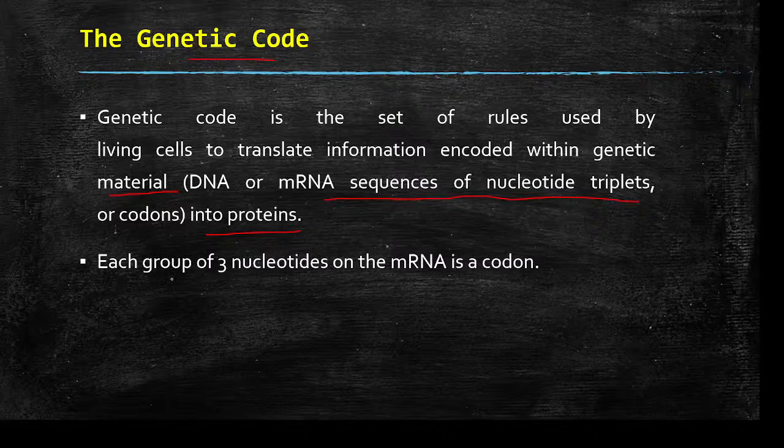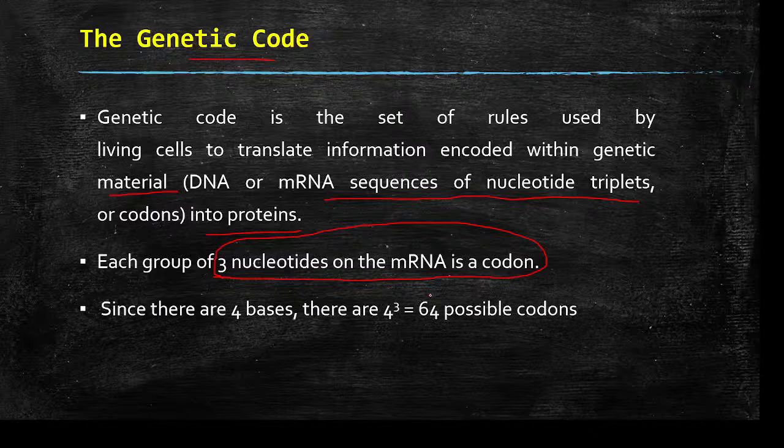Each group of 3 nucleotides on the mRNA is called a codon. So the 3 nucleotides carry the information of what amino acid has to be added.